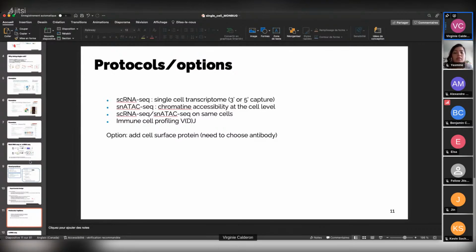In the transcriptome of the cells, you can see maybe some markers specific to lymphocytes, but the surface protein is easier to capture if the gene is not highly expressed at this time. So that's another layer you can add, the surface protein, to identify the cell populations.